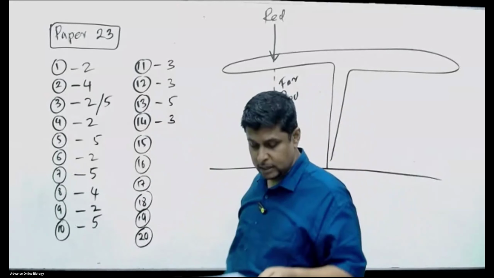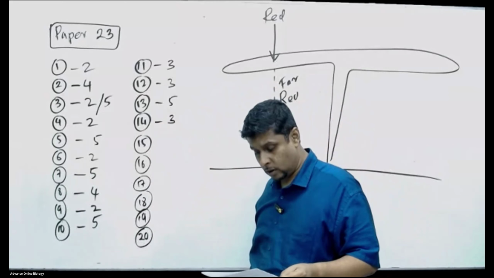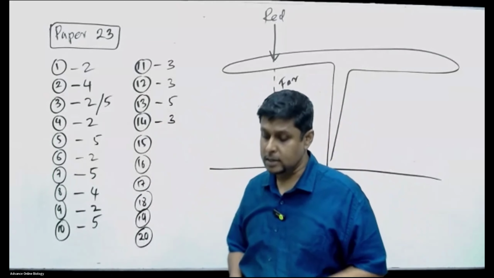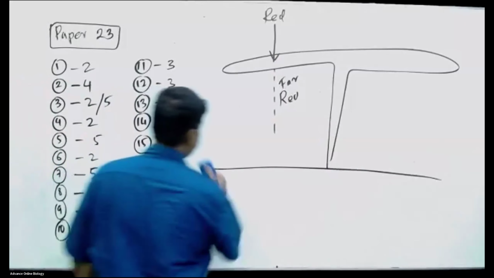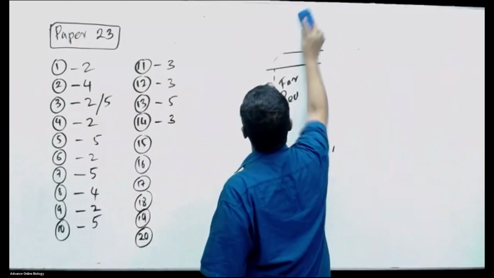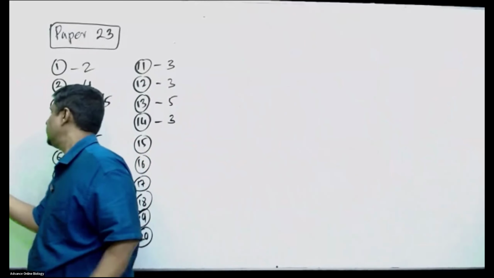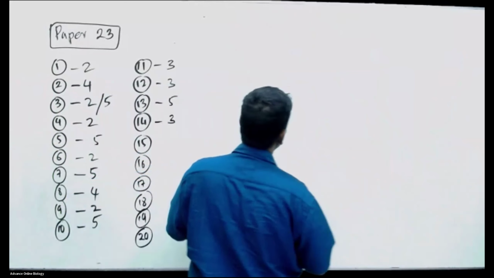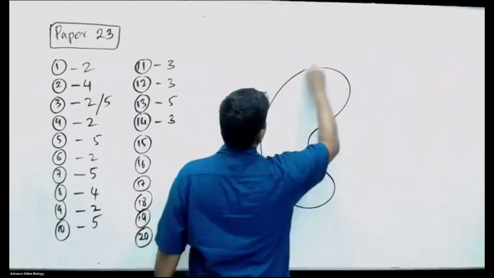Question number 15. Influx of water, increase of water potential, bending of inner wall, increasing of turgidity. Now they are asking what is the right order for opening of stomata. What's the correct order to open a stoma? This is a guard cell. What happens, people?